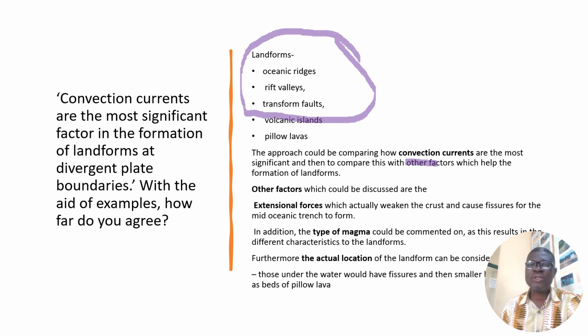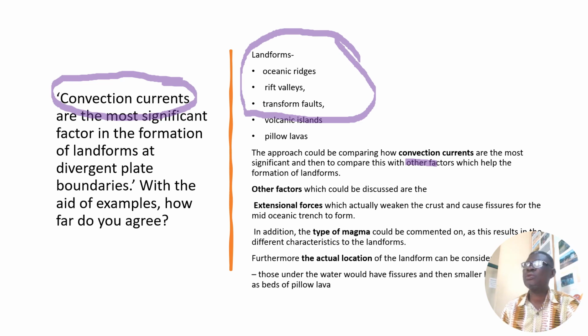So check how the question has to be answered. The approach could be comparing the convection currents, which is the one in the question as the most significant, and then comparing this with other factors. The question says convective currents.